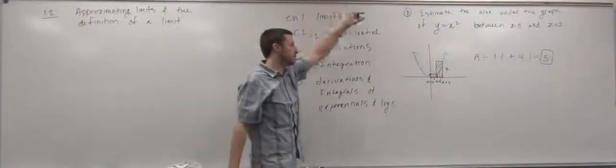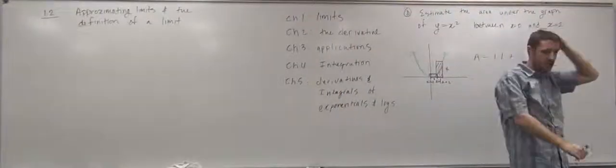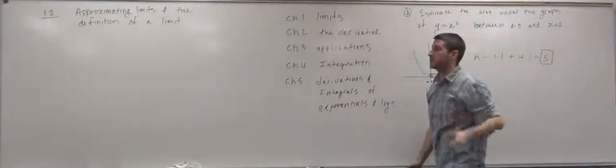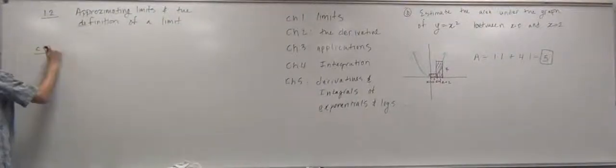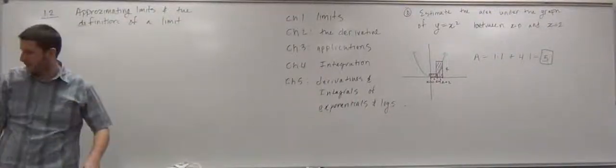So we're going to define what this new creature is, this operation or this idea of taking a limit means. So let me start you with a sort of motivating example.